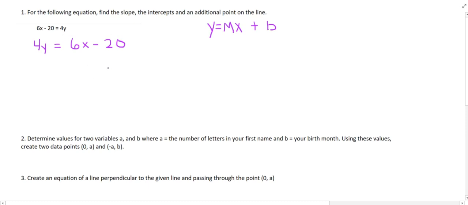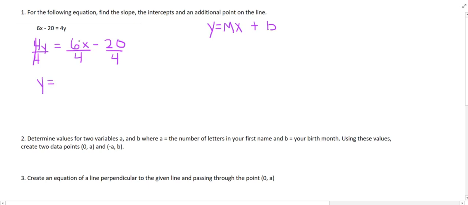To find the slope, I want to solve for y. So I have 4 times y. I'm going to do the opposite of times and divide by 4. If I divide by 4 on this side, I have to divide by 4 on the other side, and I have to do it to everything. So 4 divided by 4 will cancel out. I'll get y equals 6 divided by 4, which is a fraction.